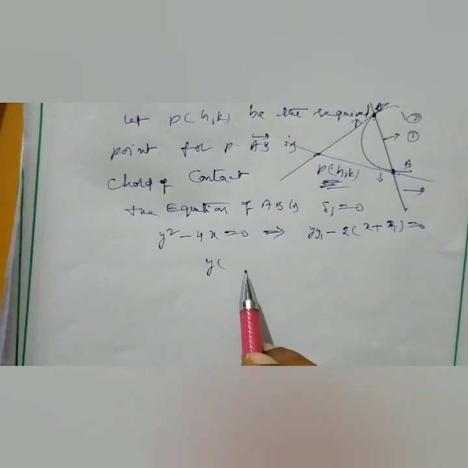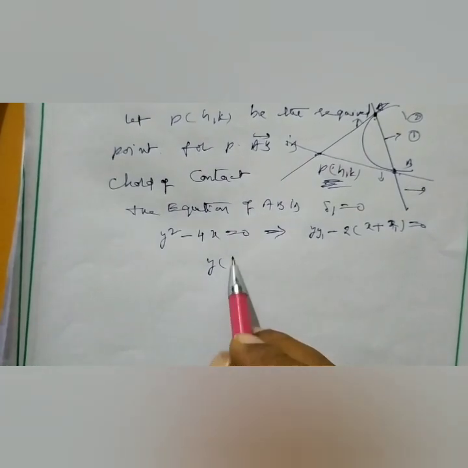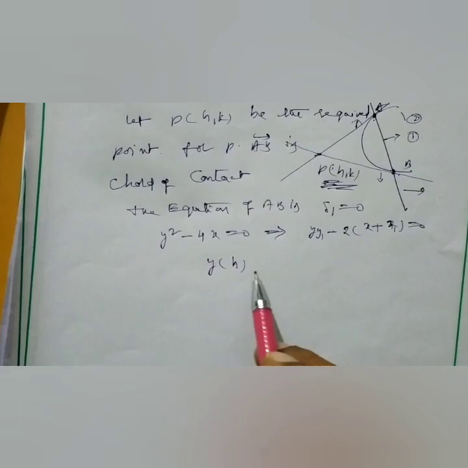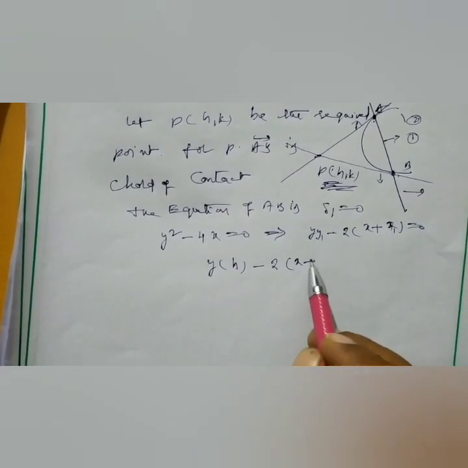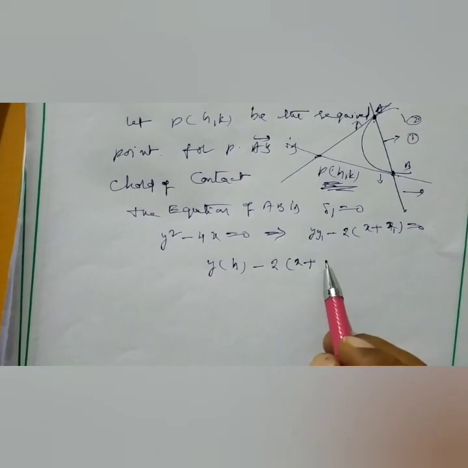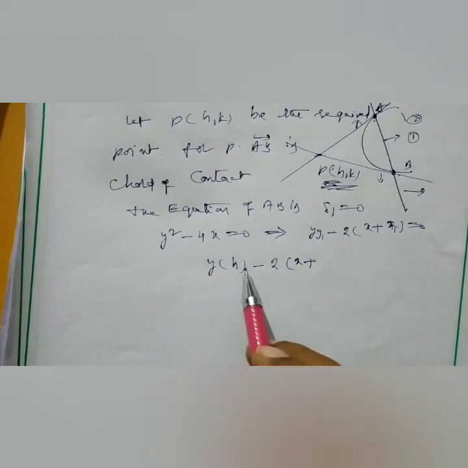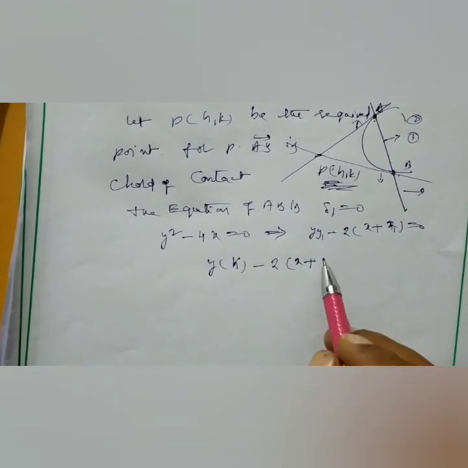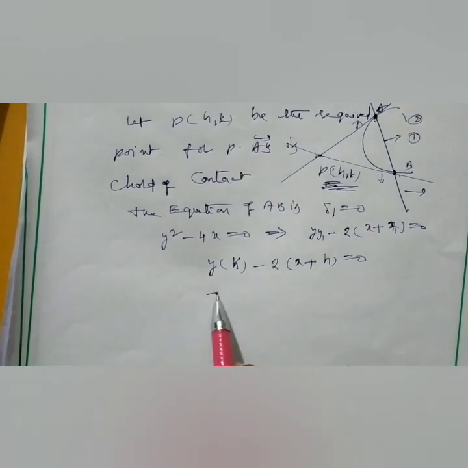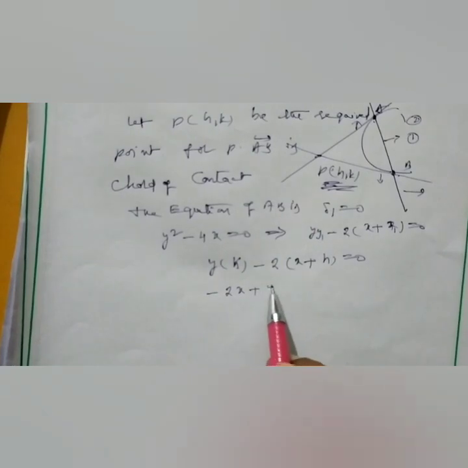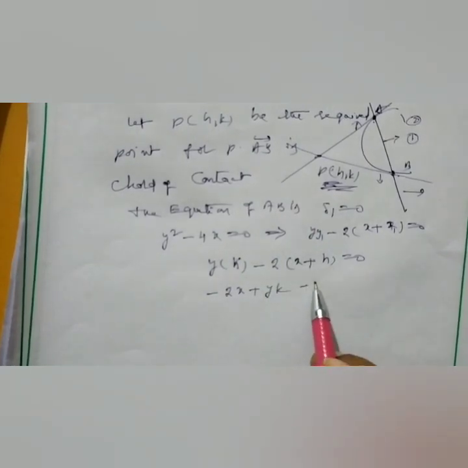With respect to the point (h, k), that is y k minus 2 times (x plus h) is equal to 0. That is minus 2x plus yk minus 2h is equal to 0.